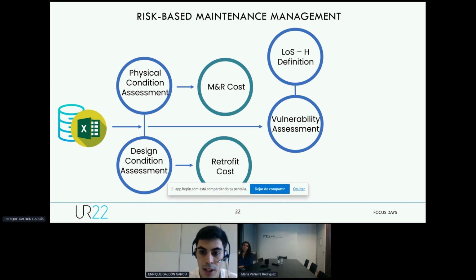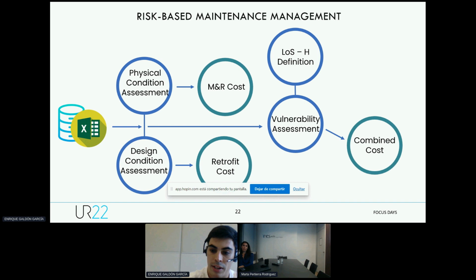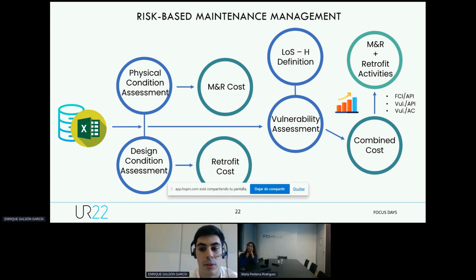Then again, if we compare the vulnerability with the hazard level of service, we can estimate the combined cost. The combined cost is the combination of the maintenance and repair cost and also the retrofit cost. And again, with the different indicators, it's possible to make a prioritization of the maintenance and repair activities and also the retrofit activities.